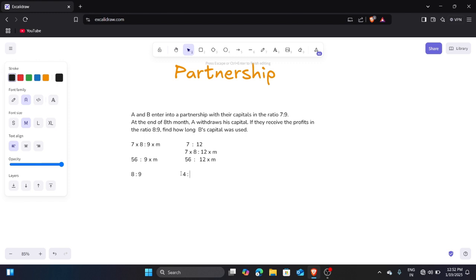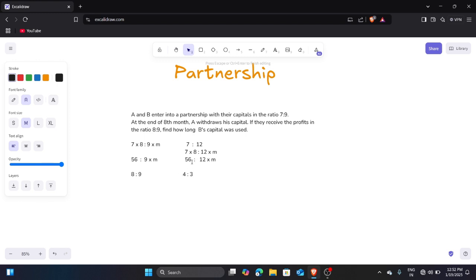If this is the ratio, then here also there should be some ratio. Let me consider here it could be 3. We consider this as a new ratio.